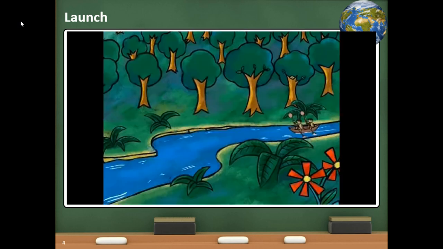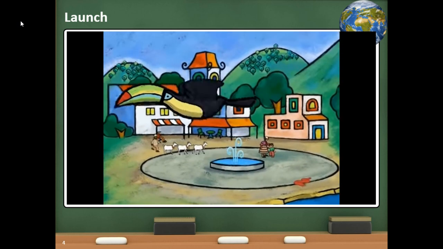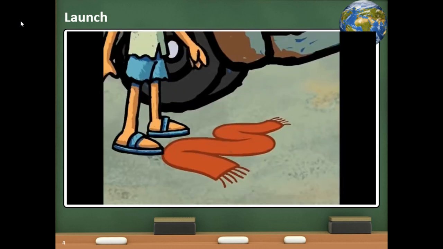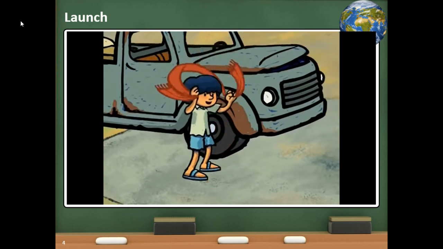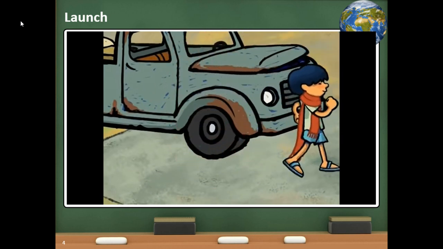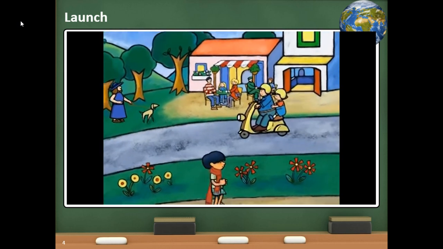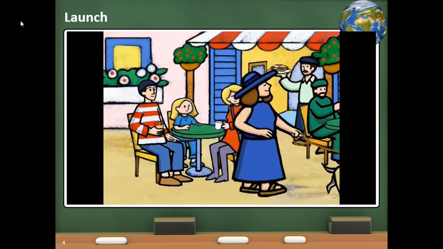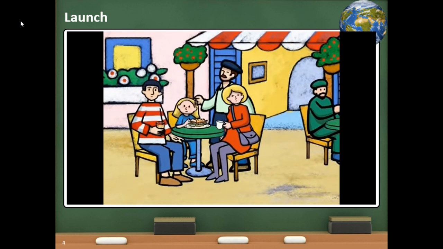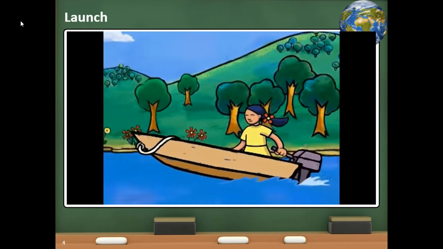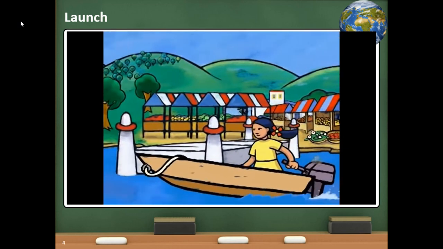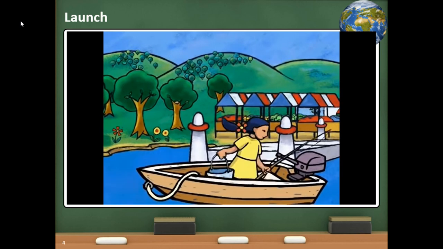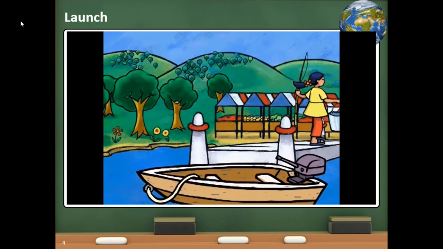Eight people come from Central and South America. And 12 people come from Europe. Oh yes, the 100th person in our village comes from Oceania, which is Australia, New Zealand, and all the other beautiful islands of the South Pacific.